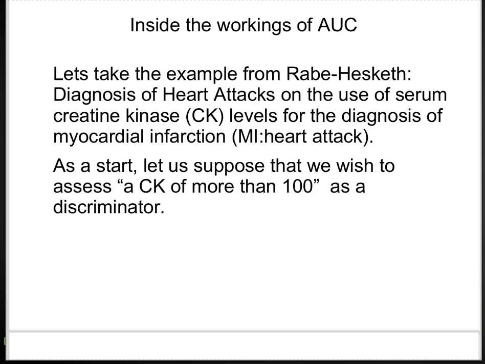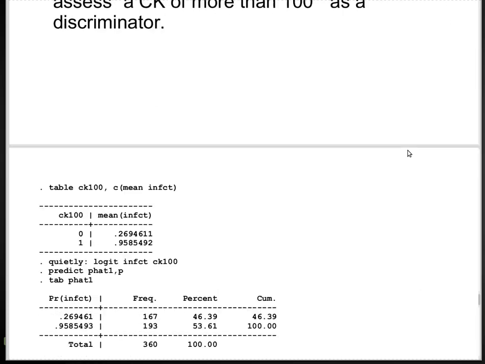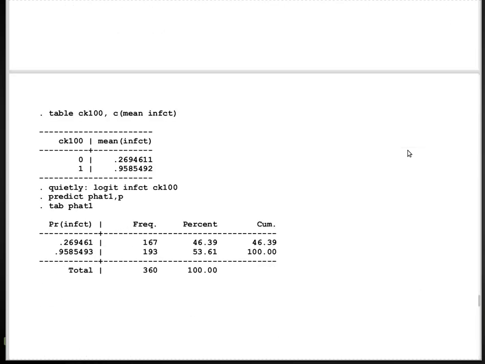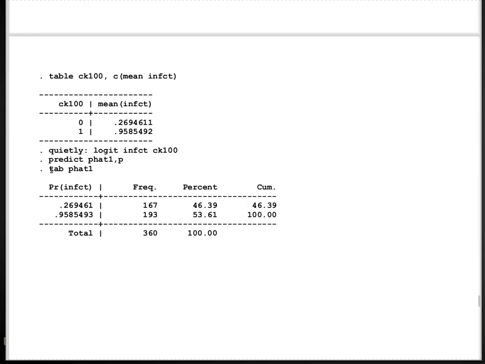Okay. And if we did so, we see that there's quite a bit for those who have a CK above that threshold of 100 here. We get the proportion of individuals with an MI being quite high compared with the proportion that are not.